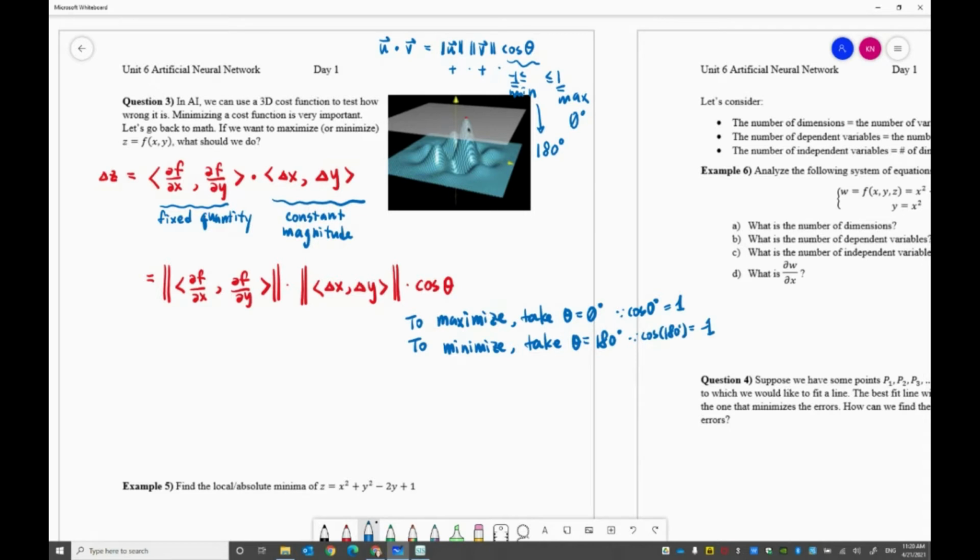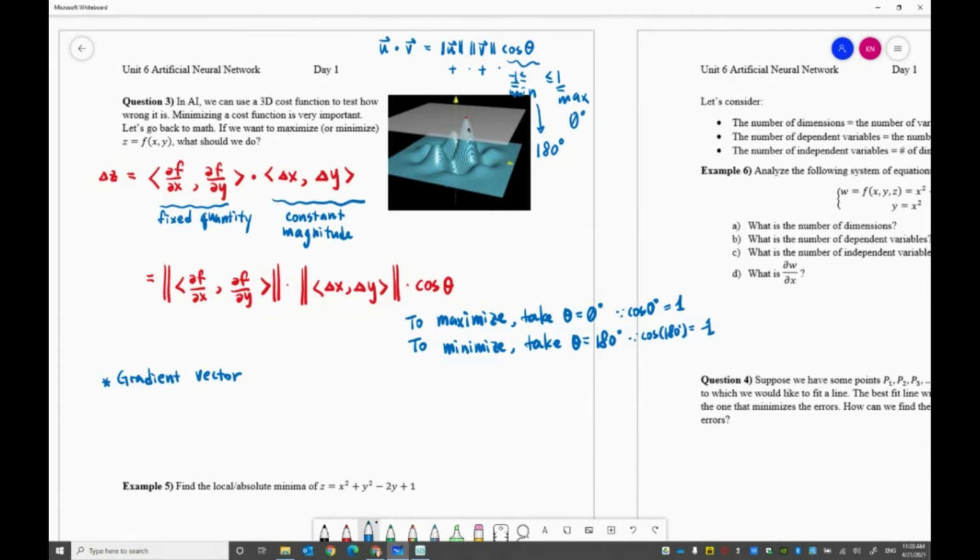Then let's simplify this one again by using another wording, gradient vector. We call that a gradient vector. If we have a fixed quantity, then we are going to have a constant magnitude for xy values.